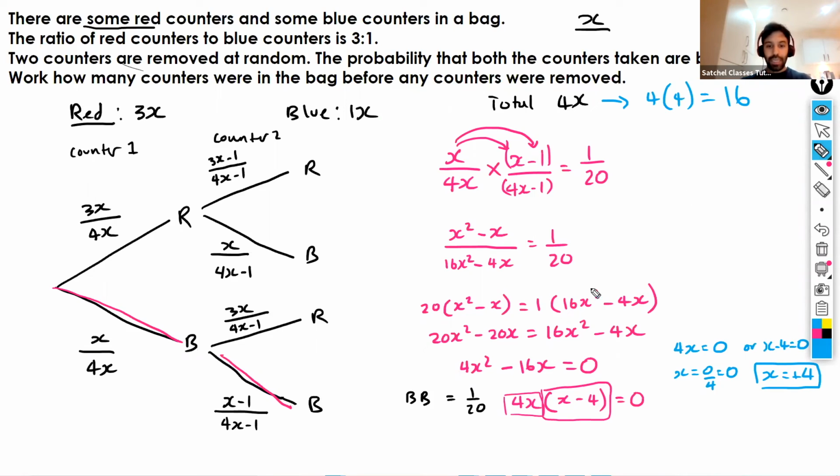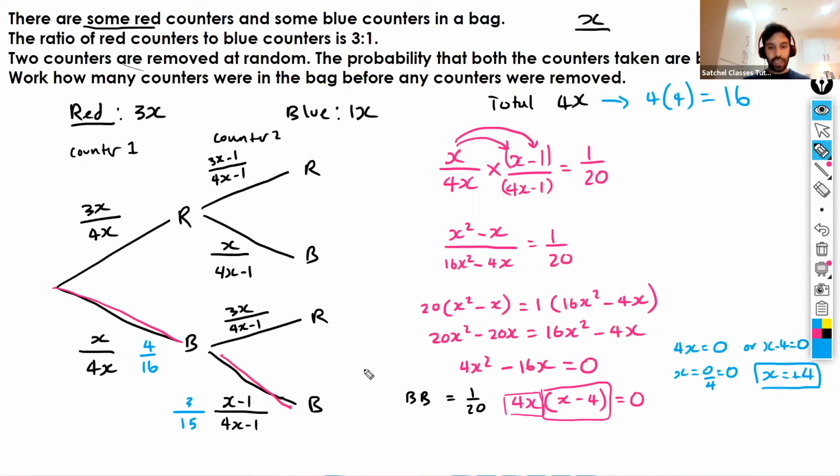And that would make sense. Let's substitute 4 in here. So instead of x, we would put 4. So 4 over 16 multiplied by 4 take away 1 will give us 3 over 15. And then what do we get?